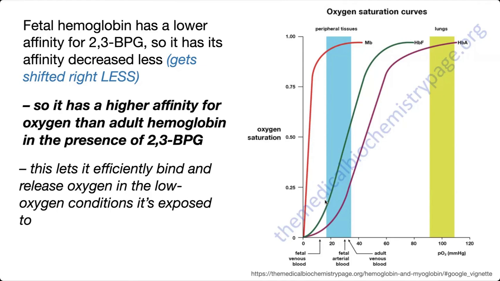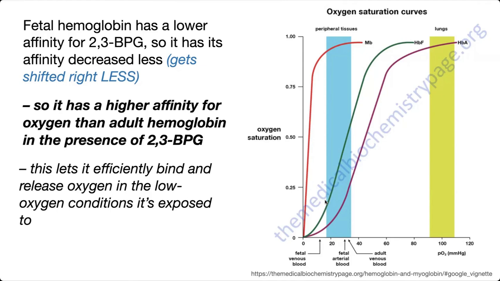And if the fetal hemoglobin didn't have a higher affinity for the oxygen, it wouldn't be able to get enough of the oxygen. Because it's not starting out at those nice high concentrations of oxygen that you would see in the adult tissues, where if you lower it a little, it's okay. Instead, it's going to be lowered too much.